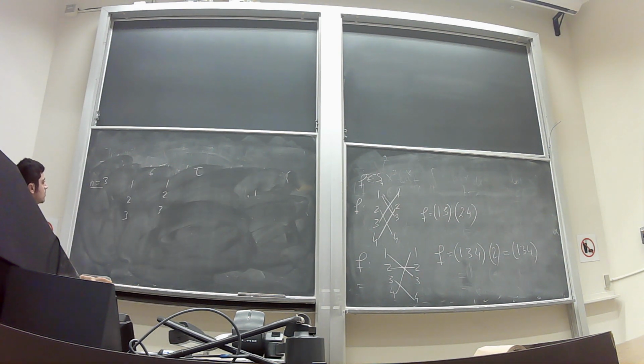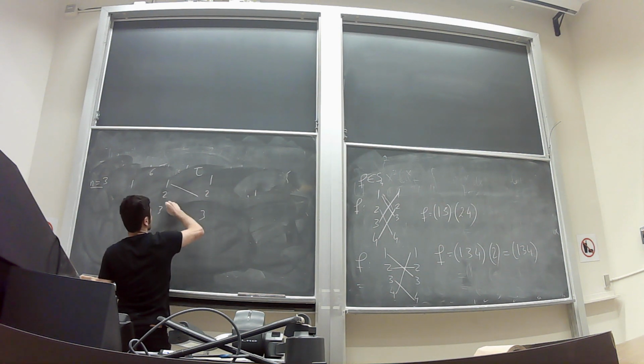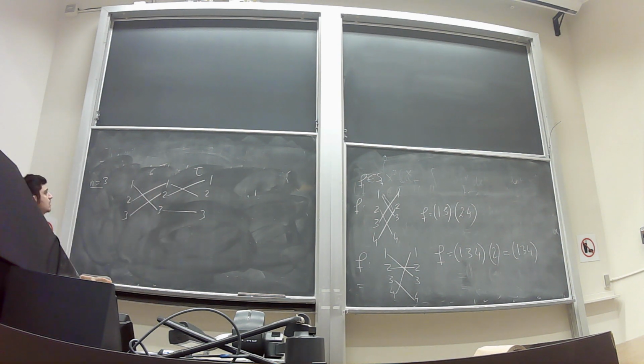Now I have here 1, 2, 3. Now, what is tau of sigma?